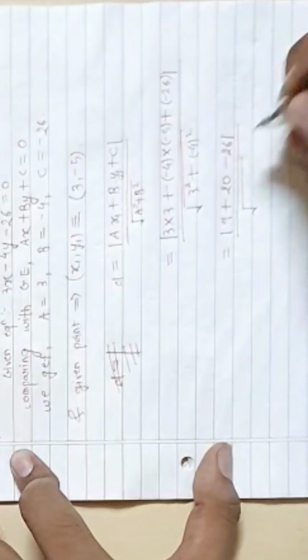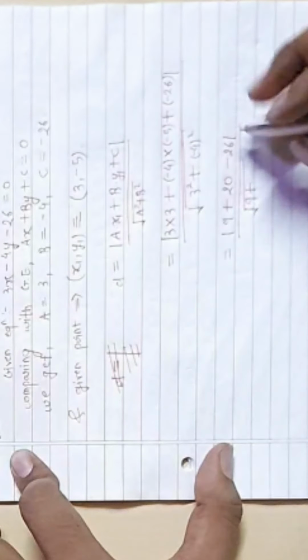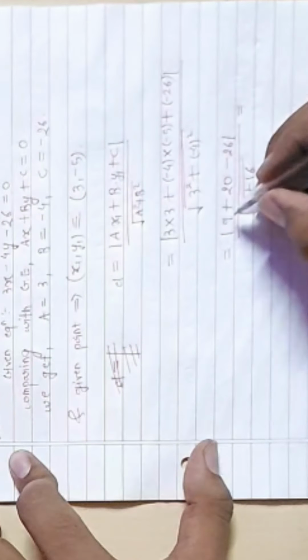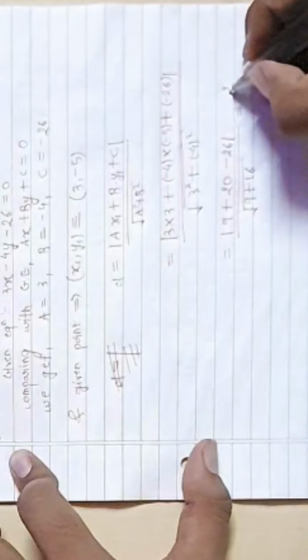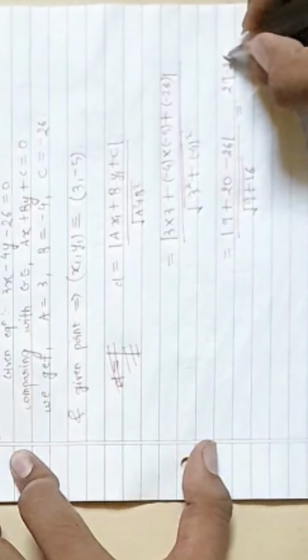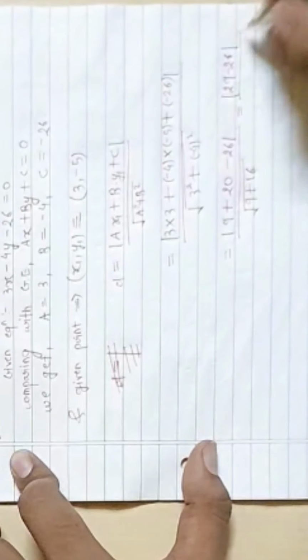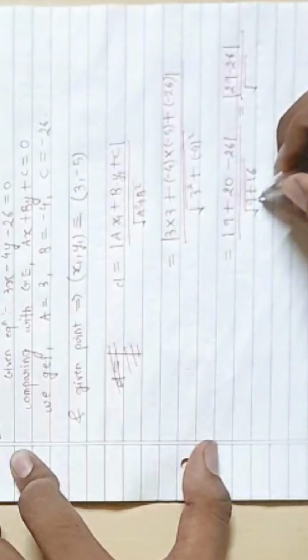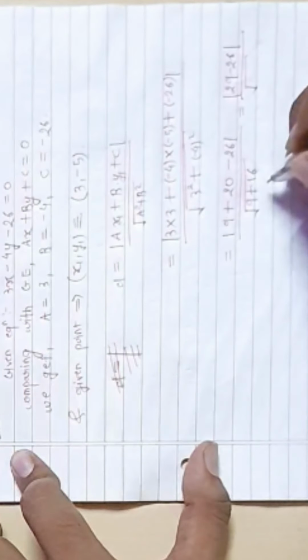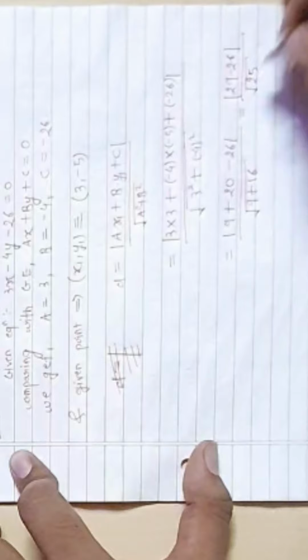Upon under root of 3 square, 9, plus minus 4 square, 16. 9 plus 20 is 29, minus 26 in the mod, upon under root of 9 plus 16, which is 25. So here is the square root of 25.